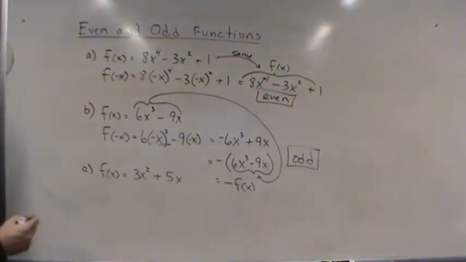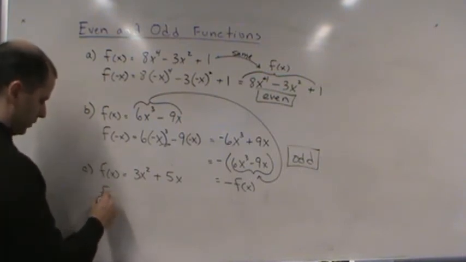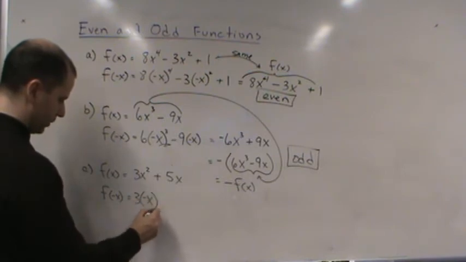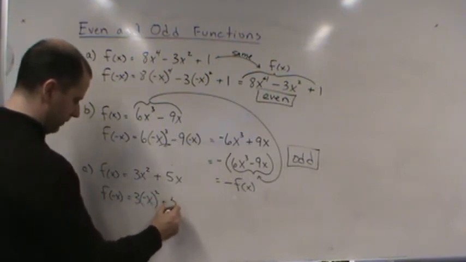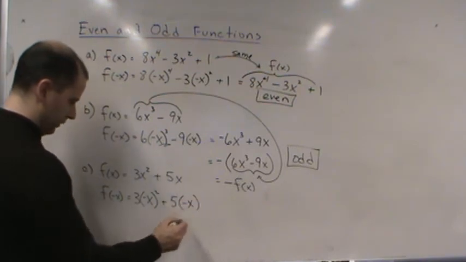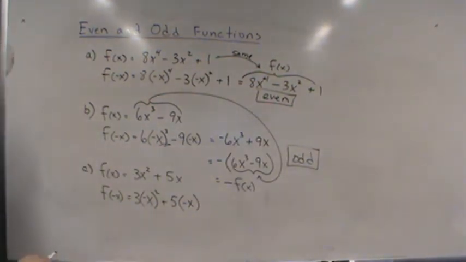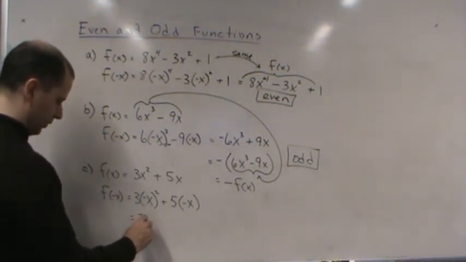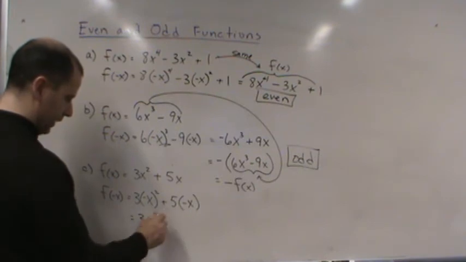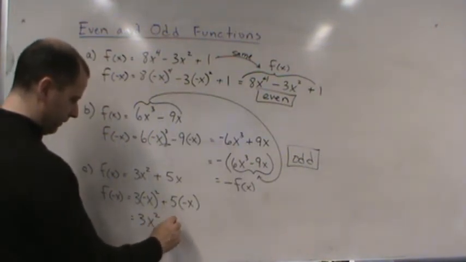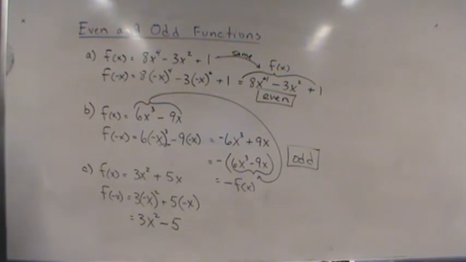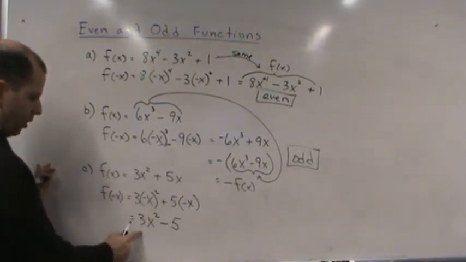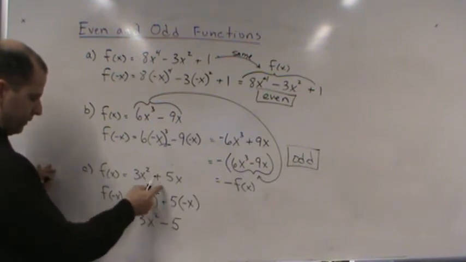Okay, so let's look at this one. Now let's do f of negative x: 3 times negative x quantity squared plus 5 times negative x. Negative x squared is just going to give me a positive x squared, so that's 3x squared. This is going to make this into a minus 5x. Now, do I get back the same equation I started with? Do I get f of x out? No, I don't. I got a minus instead of a plus.